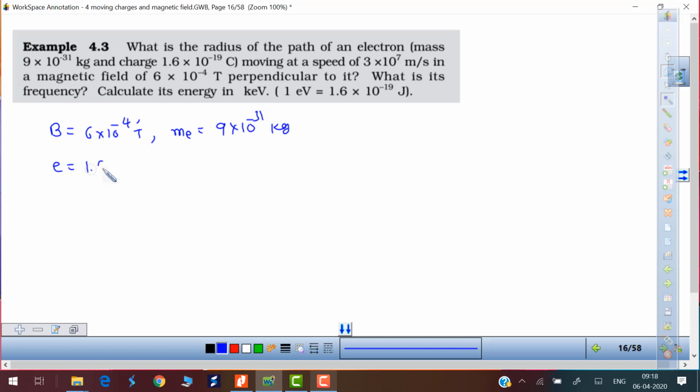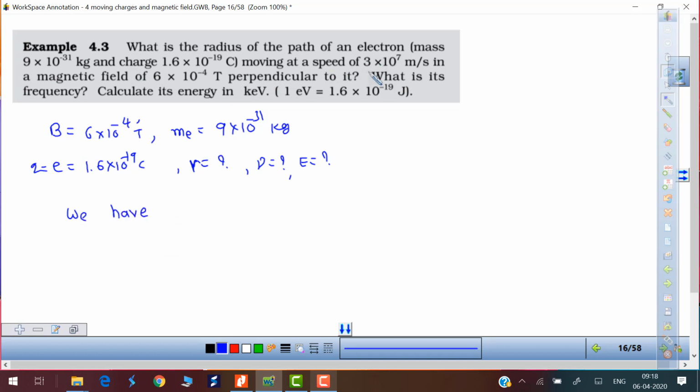Then you have given charge is 1.6 into 10 raised to minus 19 coulomb. This is nothing but Q. Then you have to find out what is the radius, what is the frequency, and what is the energy.